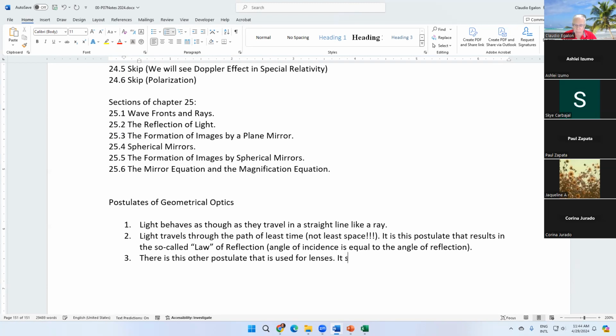It states the following. There is an important optical property called the index of refraction.